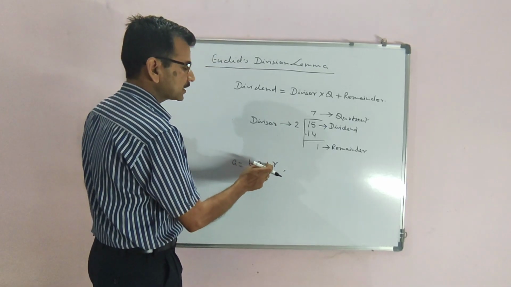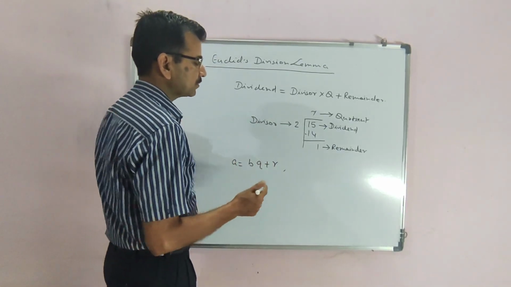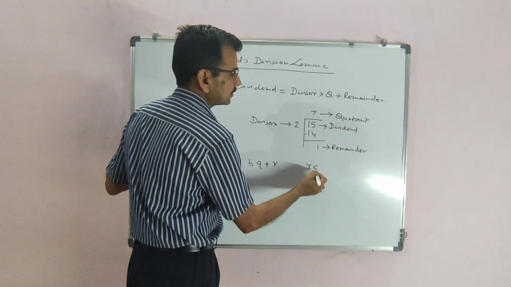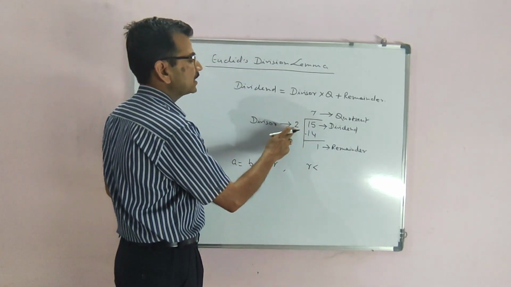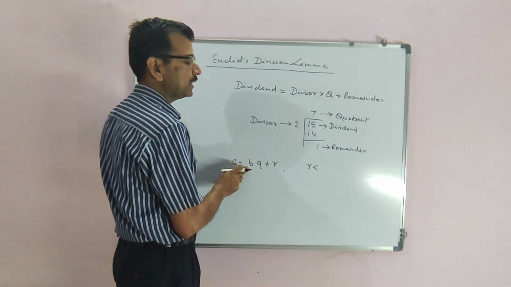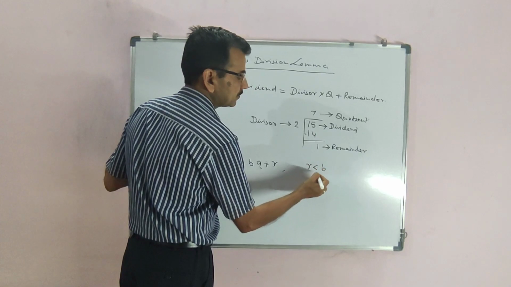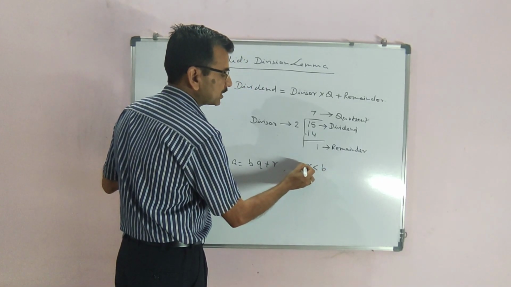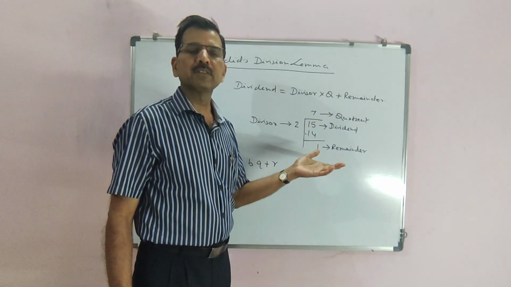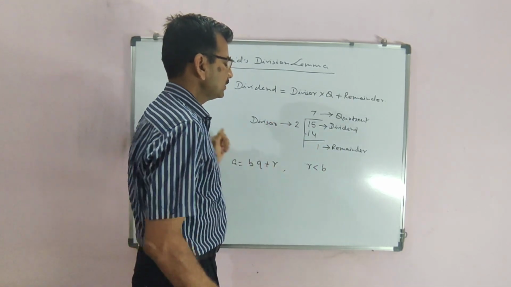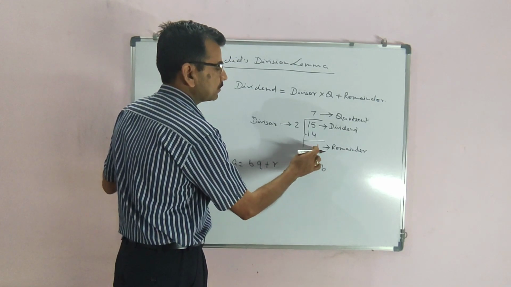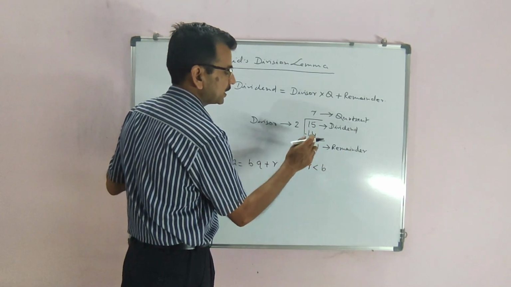Now, this condition for R, we are talking about that one, that this R should be smaller than the divisor, and divisor is what here? B. So we write here B. And one more thing we are doing, that remainder can be 0 also, right? Or it can be greater than the 0, as we have got 1 here.